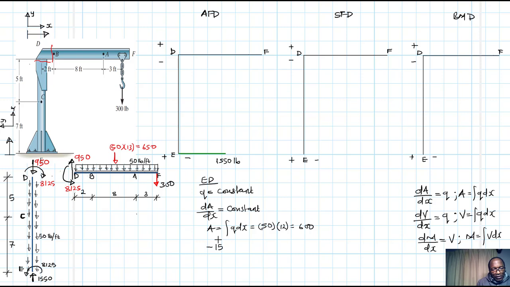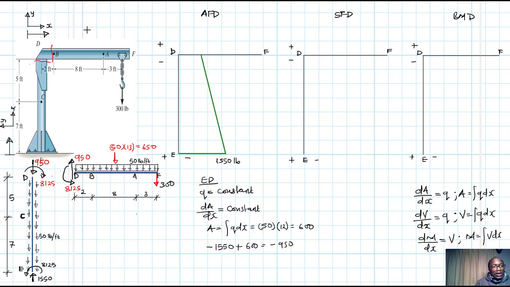So minus 1550 plus 600 gives us minus 950. It will have a constant slope, which is linear, because the load is constant. Therefore we expect the axial force to be a polynomial of degree 1.